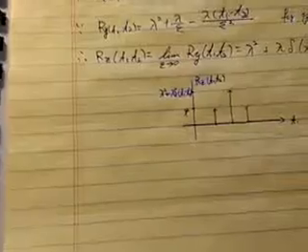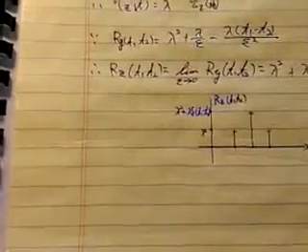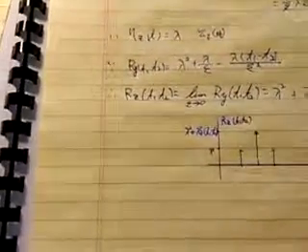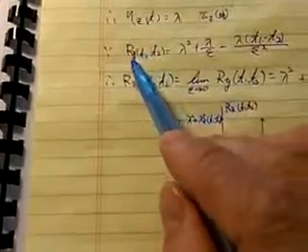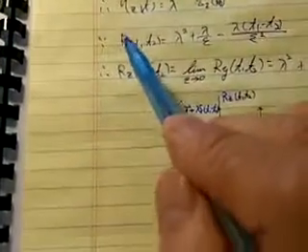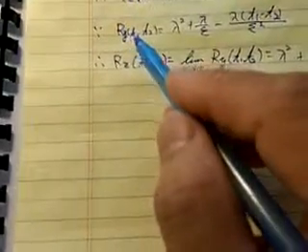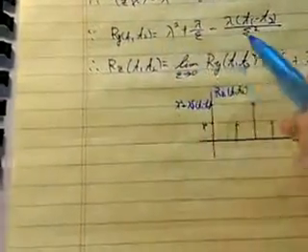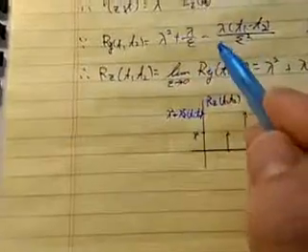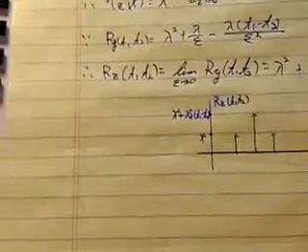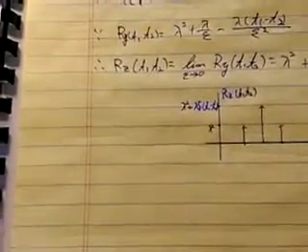Okay, how about autocorrelation? The autocorrelation of y is R y of t1, t2, which we got previously for the y of t.